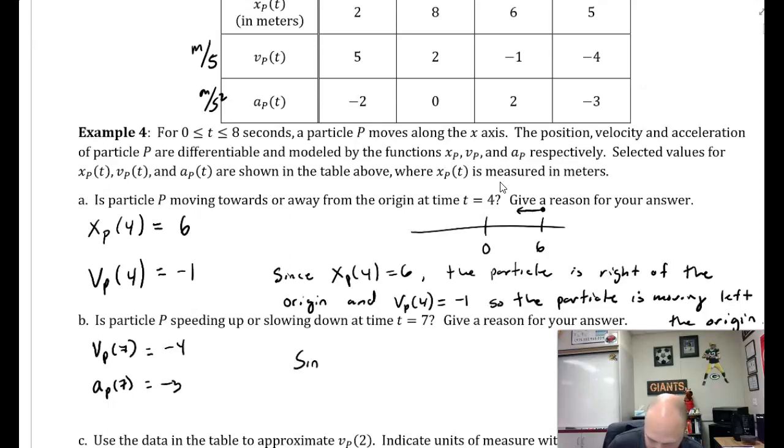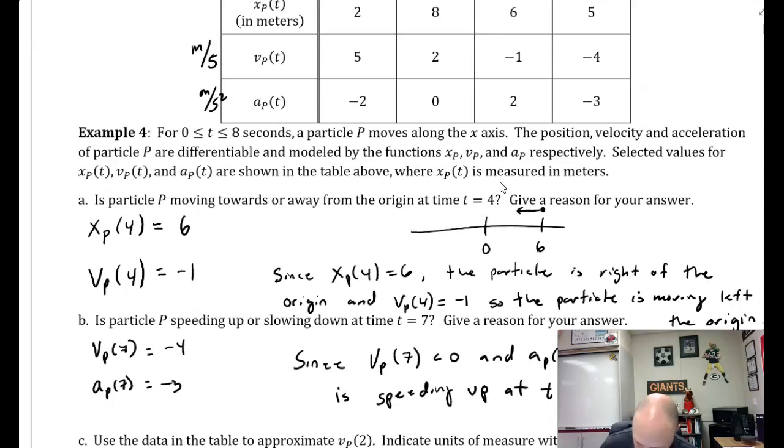We can say, since v sub p of 7 is less than 0 and a sub p of 7 is less than 0, the particle is speeding up at t equals 7.